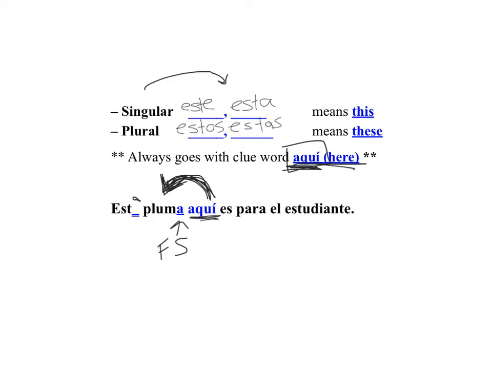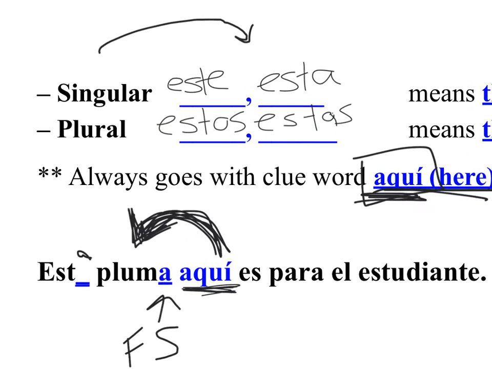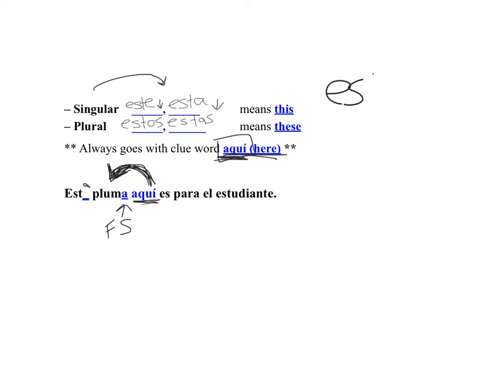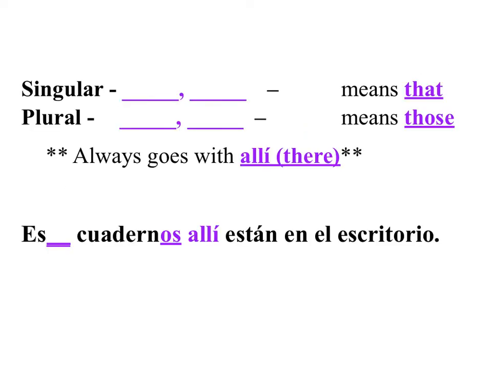So I always say este, esta, estos, estas. The plural of este is estos. The plural of esta is estas. So I always say este, esta, estos, estas, aquí.